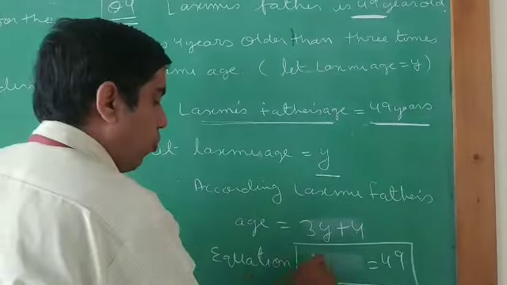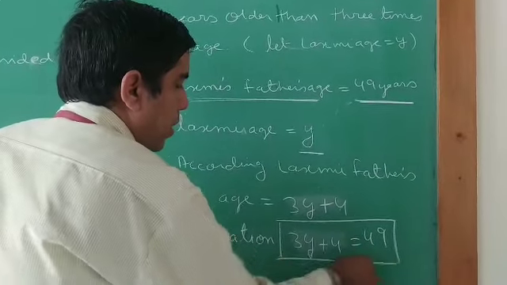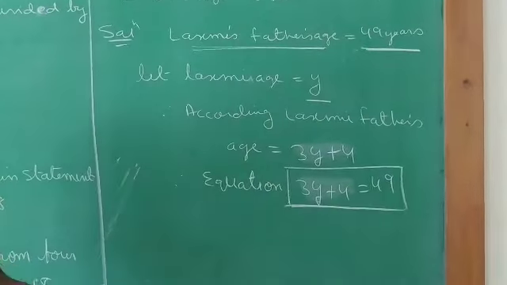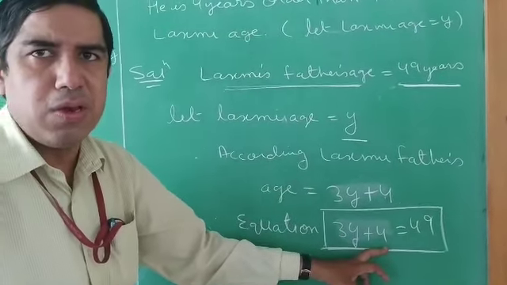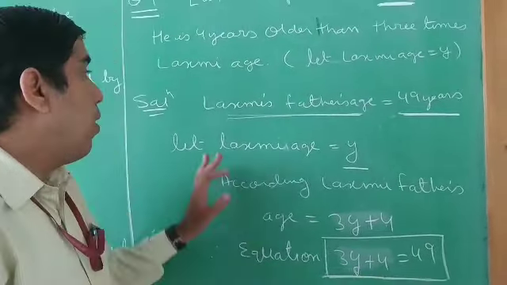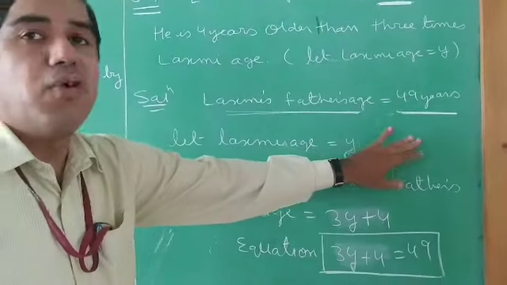So the equation becomes 3y plus 4 equal to 49. I formed the equation 3y plus 4 equal to 49, and you can see here Lakshmi's father's age is 49 years.